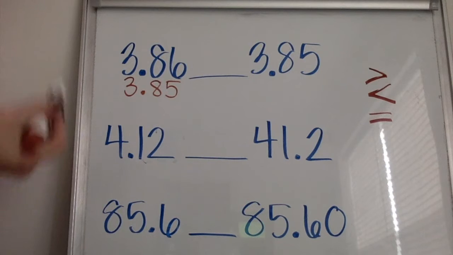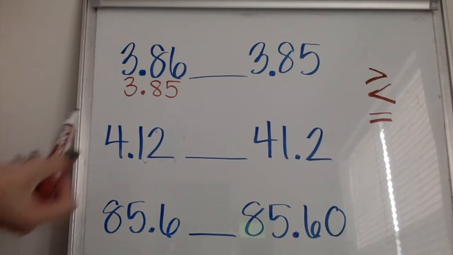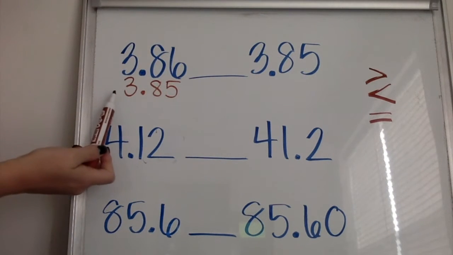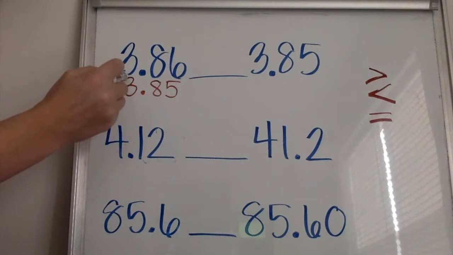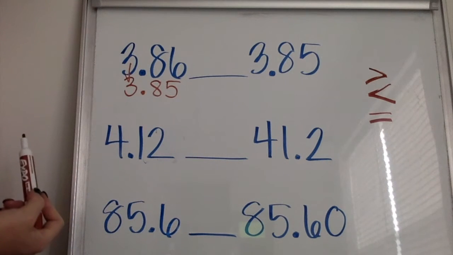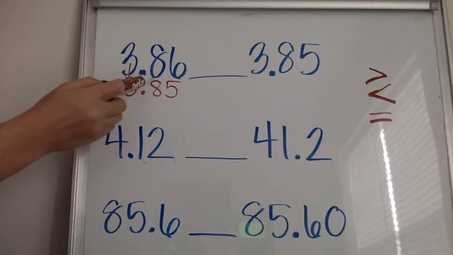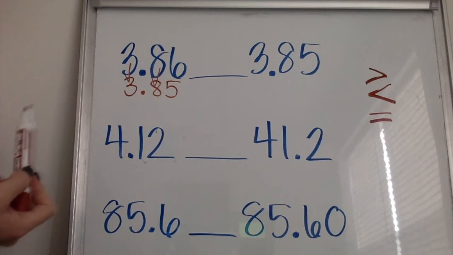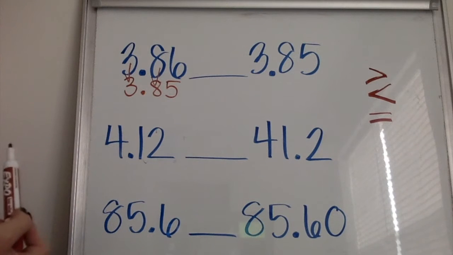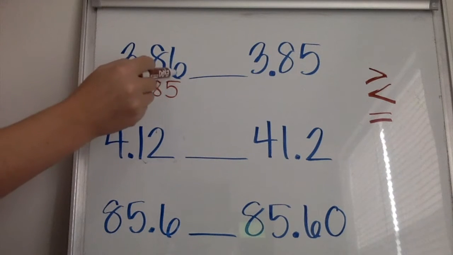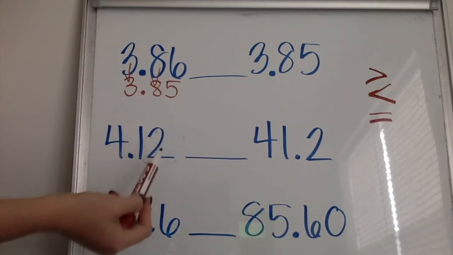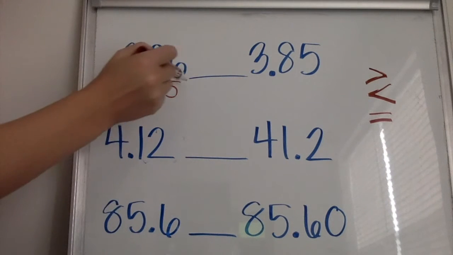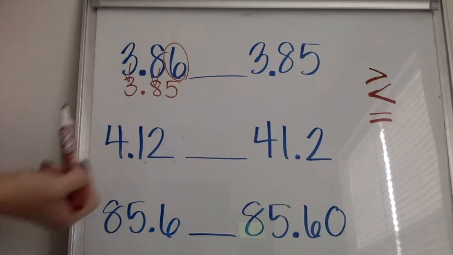And when I look at them, I'm going to compare the digits by place value. I'm going to start all the way to the right. In the ones place, I have the same number here, so I'm going to check that off. Those are the same. In the tenths place, I have an 8. Those are the same. I'm going to check those off. In the hundredths place, though, I have a different number. I have a 6 and I have a 5. My bigger number here is going to be 6.